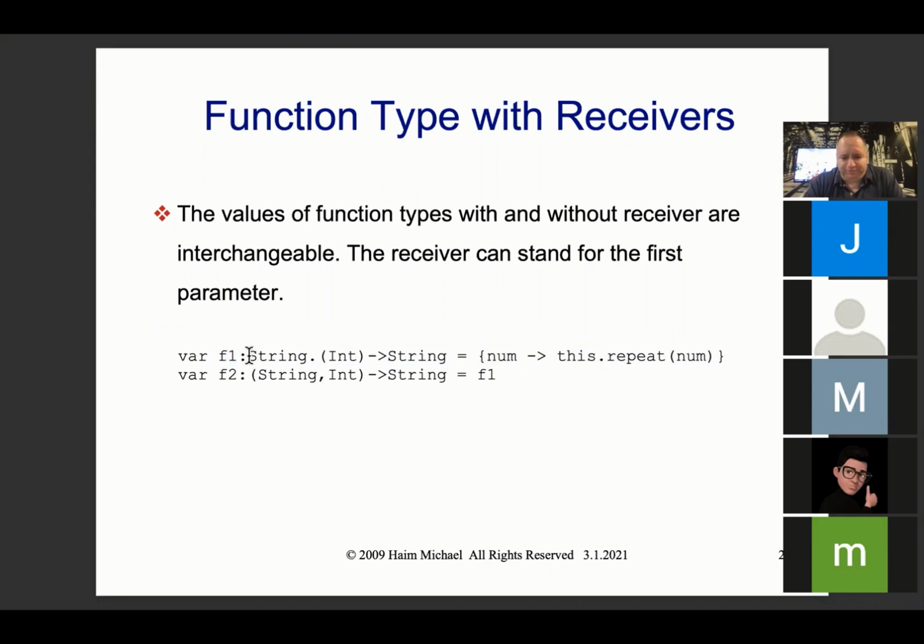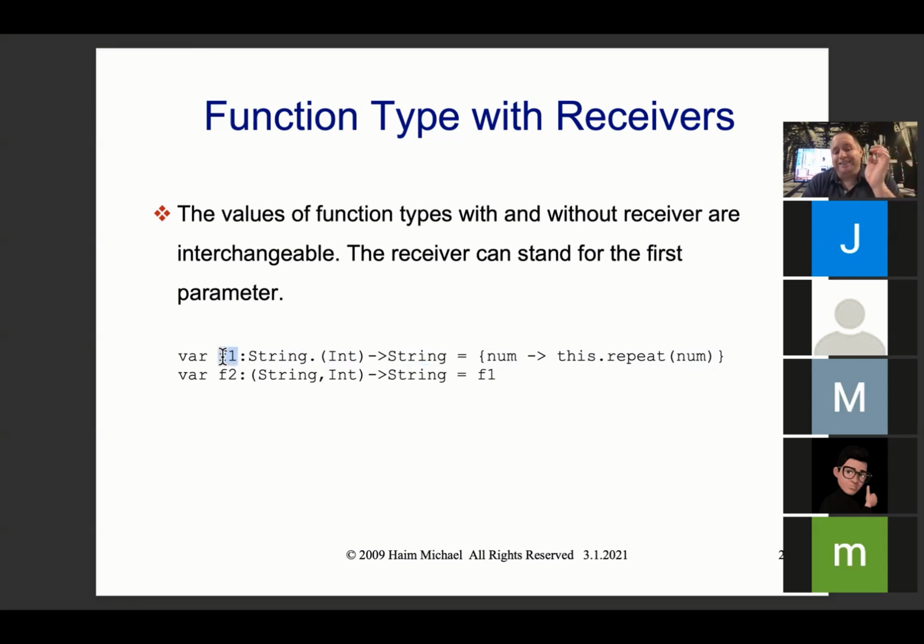Its type is this specific type, meaning that f1 is assigned with a reference for an object instantiated from an auto-generated class that implements this specific function type, and the implementation for the function invoke is according to whatever you see over here. So f1 is actually assigned with a reference for an object that represents a function you can invoke on a string object. You pass over a reference for an int object. The return value's type is string.